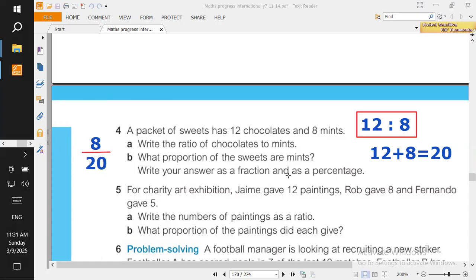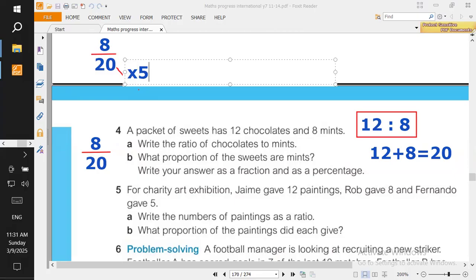Write your answer as a fraction and as a percentage. Now, I want to turn this into a percentage. So I'll take it here, 8 over 20. To turn a fraction into a percentage, as we said before, the percentage is out of 100. So it means I have to turn the denominator into 100. And how do we turn 20 into 100? Good, by multiplying by 5.